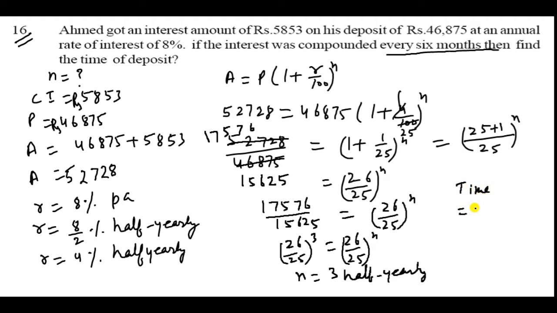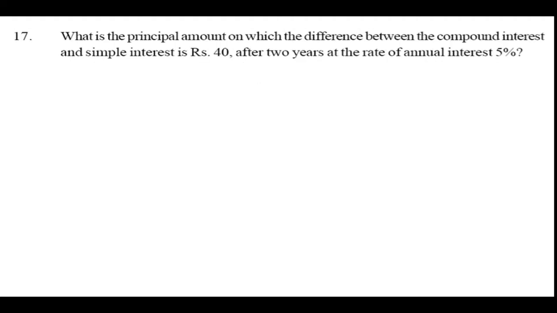So the base is the same, so n will be equal to 3 half yearly. So time will be equal to 3 half yearly. So 3 by 2 years, because 1 year has two 6 months. So that is 1 and a half years.